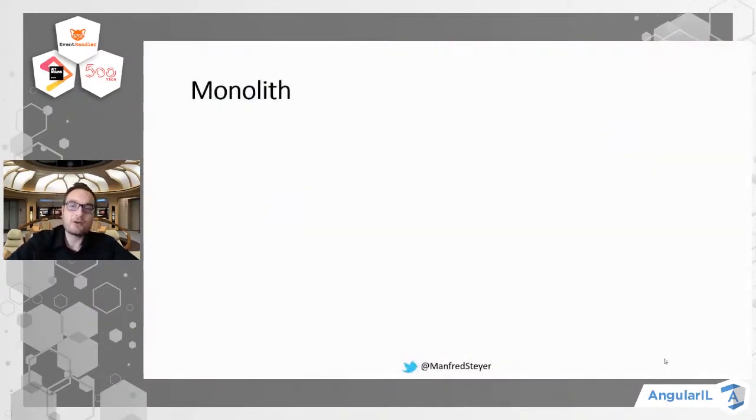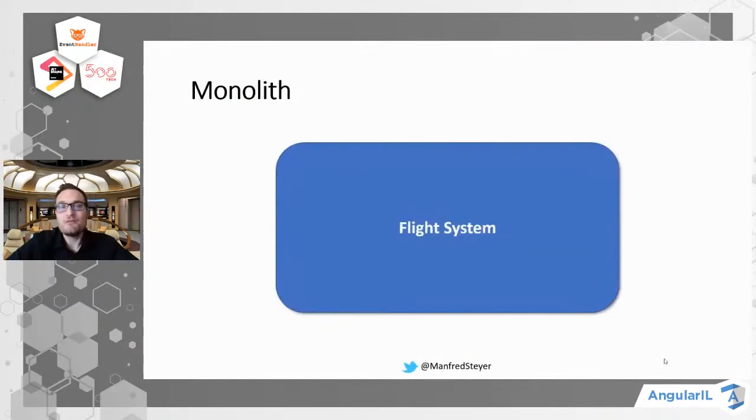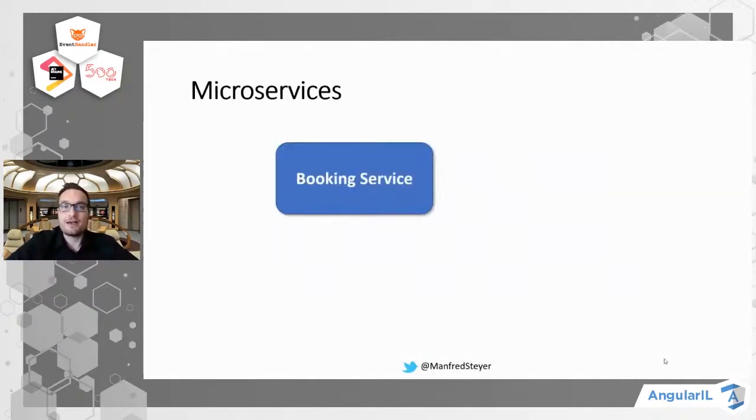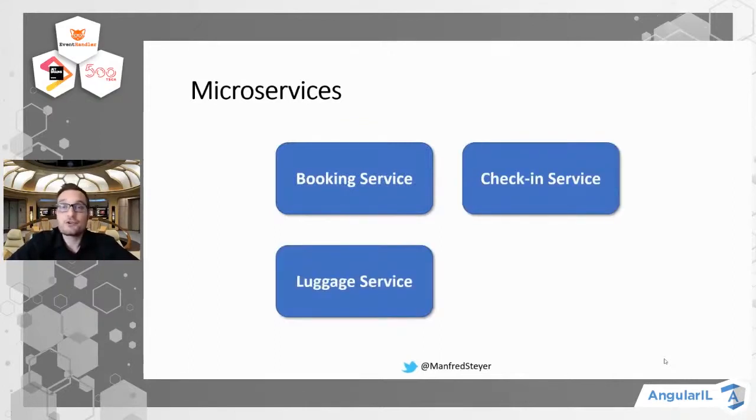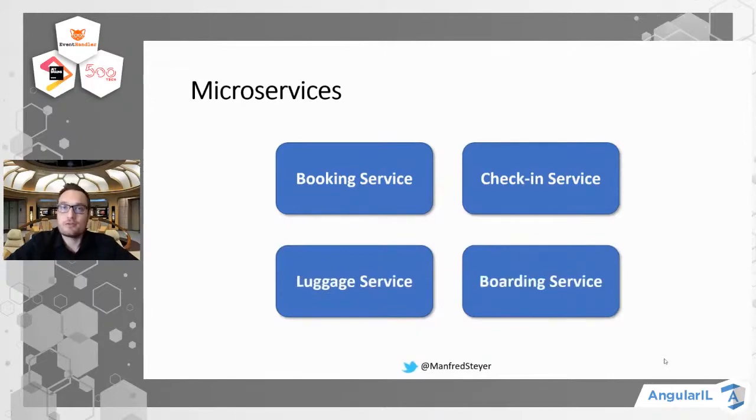The trick is about not writing monoliths, which can do everything, like cooking a coffee and doing your taxes and booking a flight. No, instead of this, we are splitting our huge systems into tiny parts. Tiny parts like a booking service when it comes to flights, like a check-in service, like a luggage service, and a boarding service.